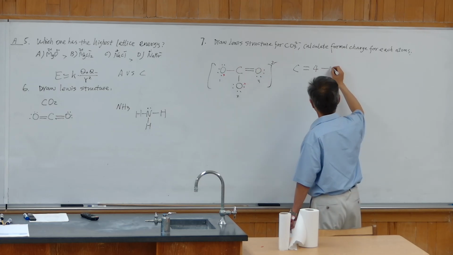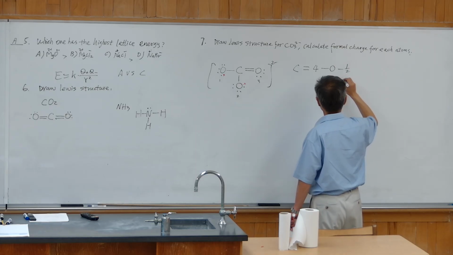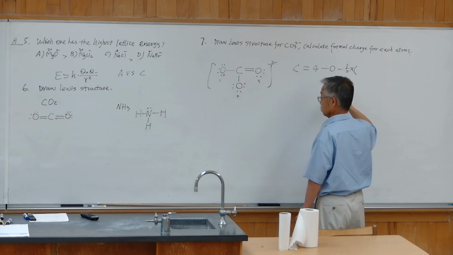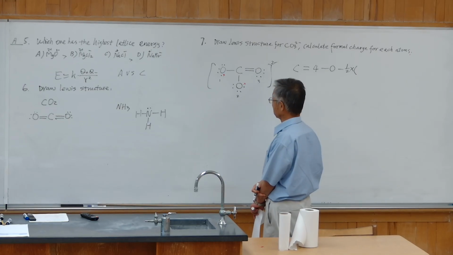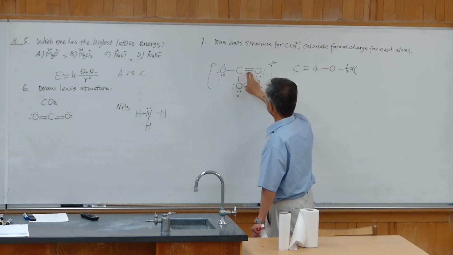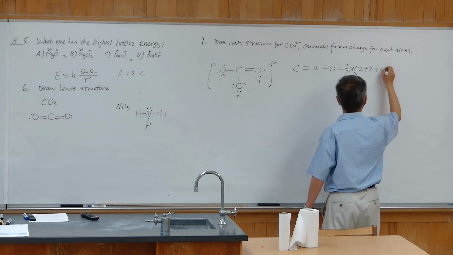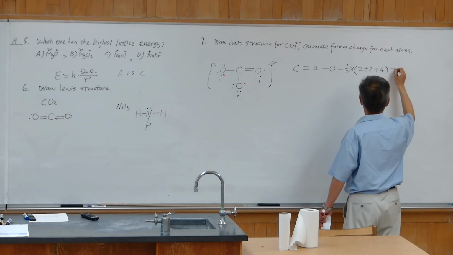No. Then how many bonded electrons? Bonded electrons are shared with others, so we need half. Half of the bonded electrons belong to carbon. Single bond 2, 2, 2, and double bond 4, right? These are all shared with others. That's why it's 1/2. So this is 0.